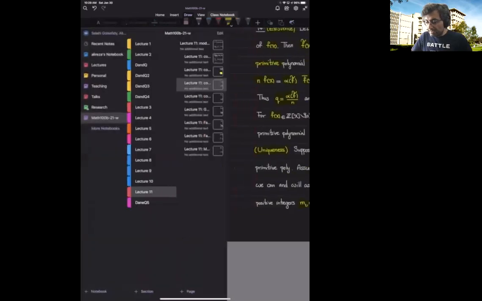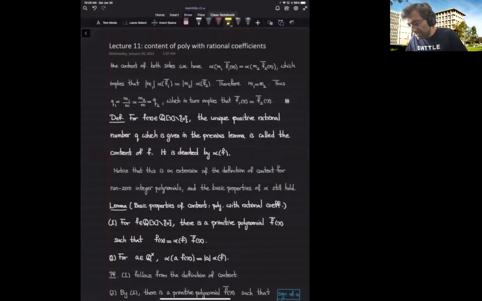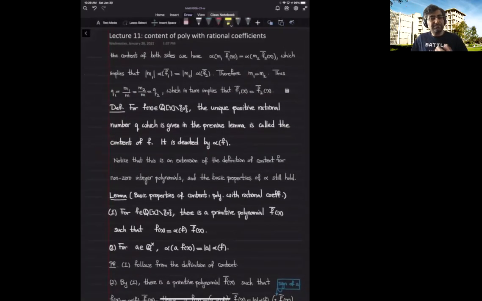Because when I multiply a polynomial by a positive number, the content is multiplied by that number, I can deduce that the content of M1 times F1 bar is M1 times the content of F1 bar. And similarly, the content of M2 times F2 bar is M2 times the content of F2 bar.